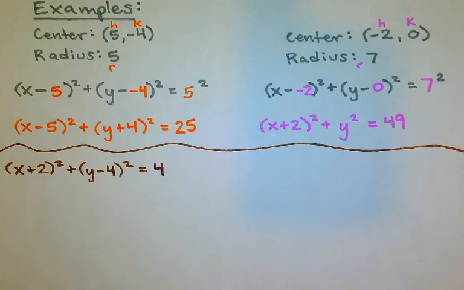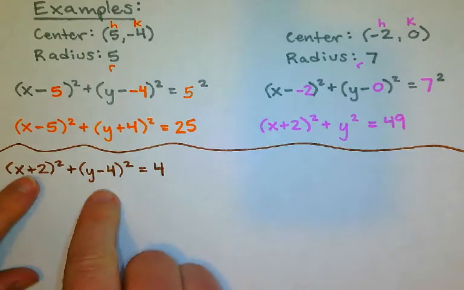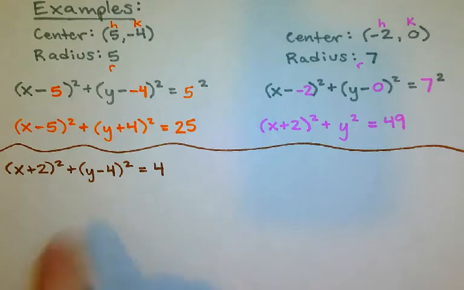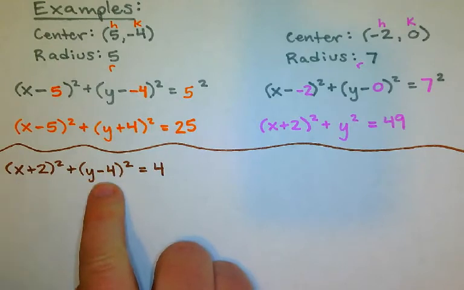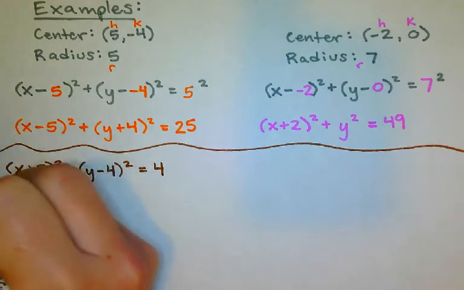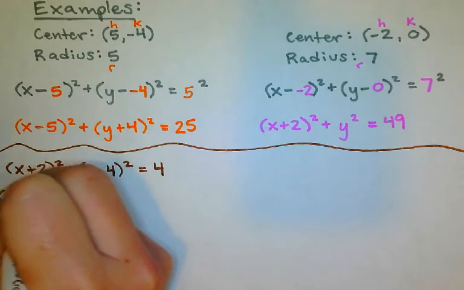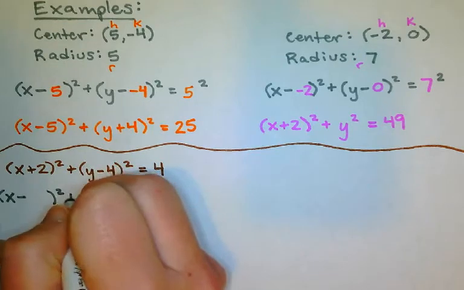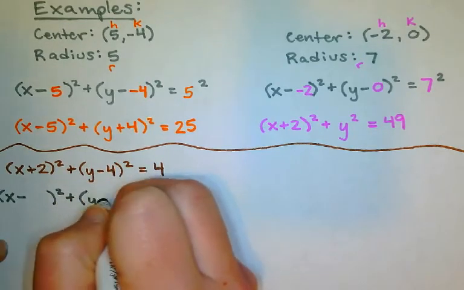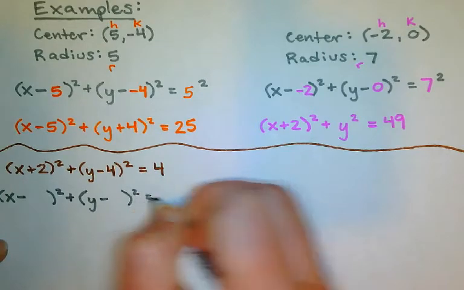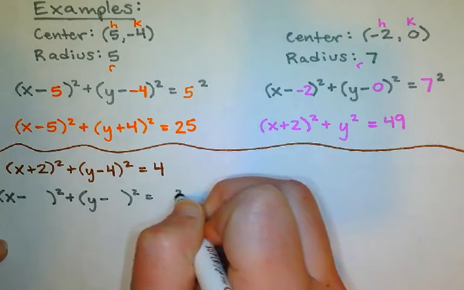Now remember how the h and the k are always going to be opposite of what we see in the parentheses, because remember our skeleton equation is supposed to be x minus blank squared plus y minus blank squared equals blank squared.